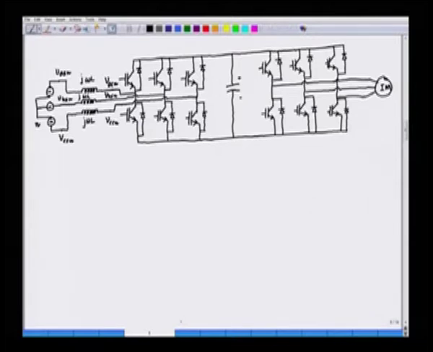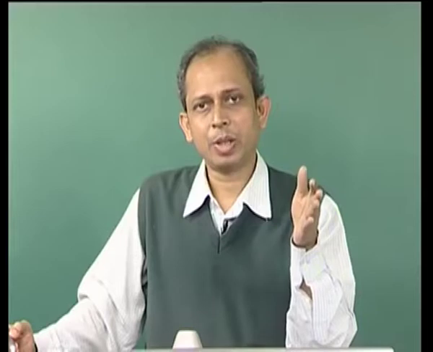So, this voltage is the DC link voltage which we can call to be VDC, and when we see the power flow diagram here, the power is flowing from AC to the DC link to the motor. So, it is from the source to the load for motoring.